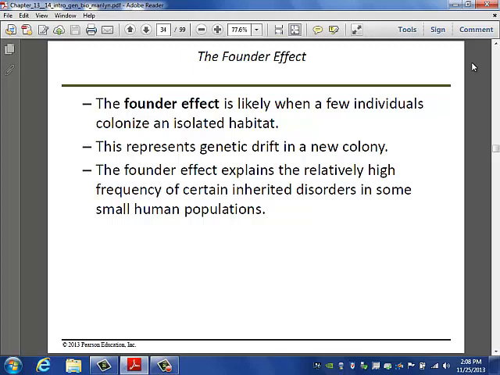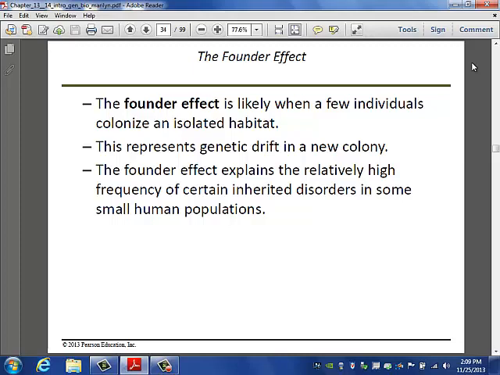For that species? Repopulating. And what happens to the gene pool? It gets much smaller because those are the only ones that are doing what? Reproducing and giving offspring in that area. And that's what the founder's effect talks about. So it represents some genetic drift, some change in the gene pool due to that small little group's isolation.